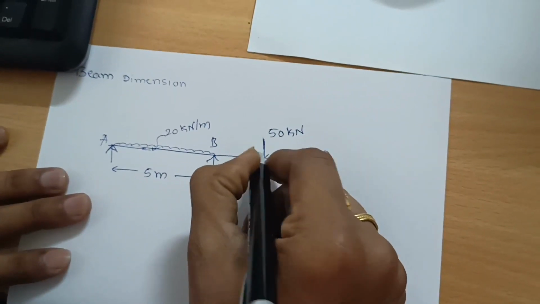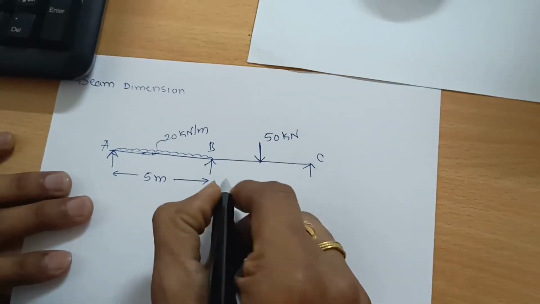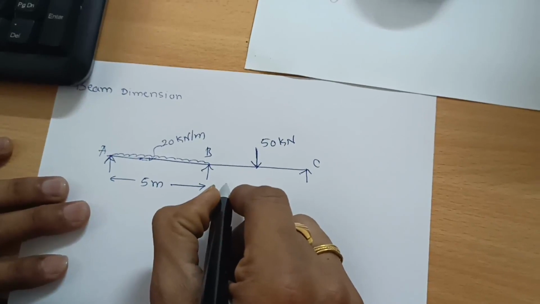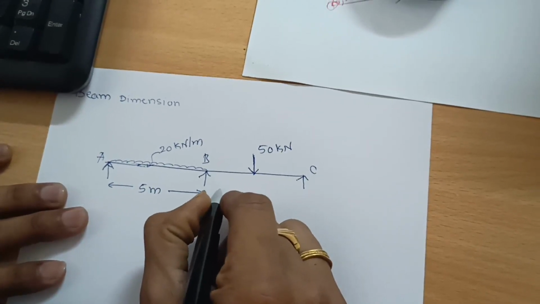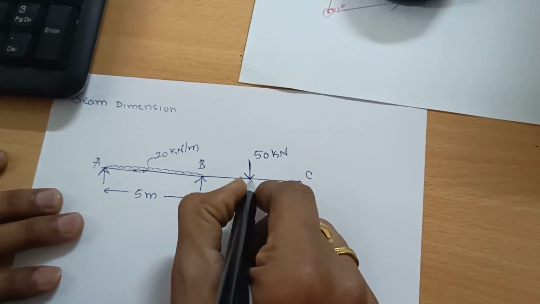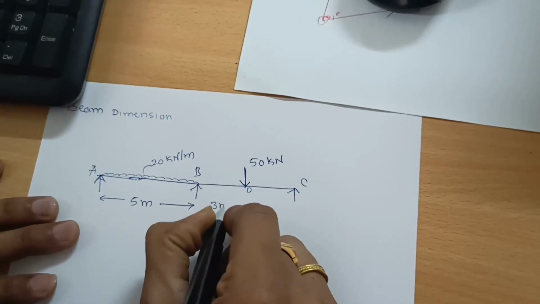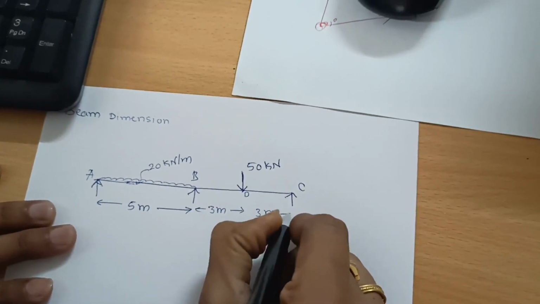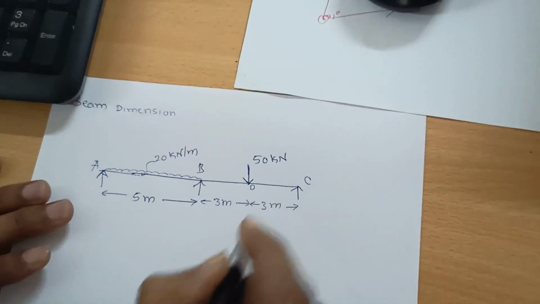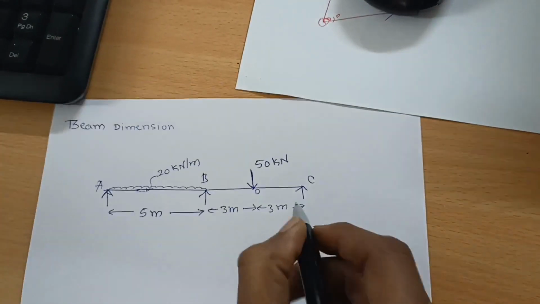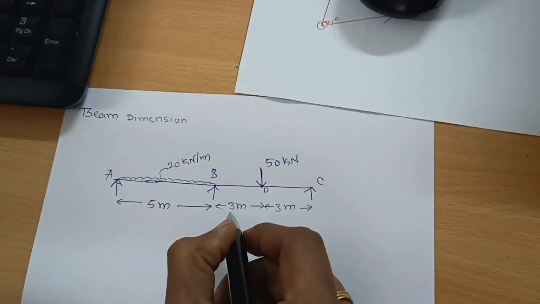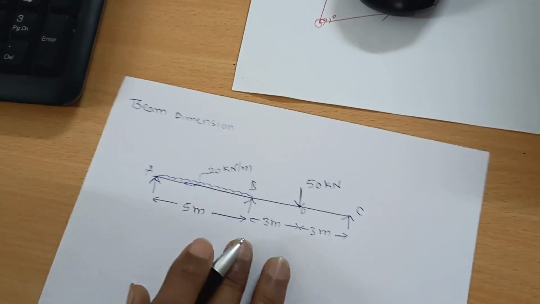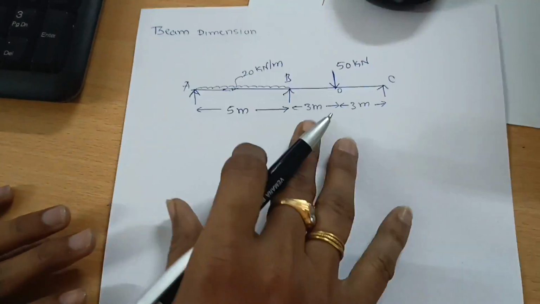The length of the BC member is 6 meter. B to D is 3 meter, and D to C is 3 meter. The concentrated load acts at the center of the BC member, at a distance of 3 meter from the B end or 3 meter from the C end. We are going to analyze this condition.